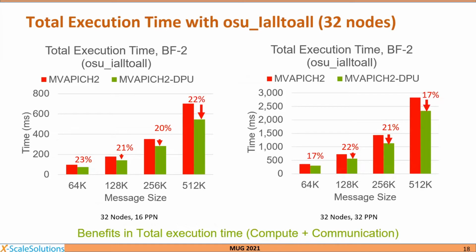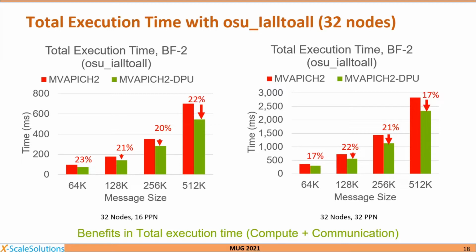So this is the overall execution time of the OSU INB micro-benchmark to evaluate the performance impact. We show two different configurations: one is 32 nodes with 16 PPN, the other is 32 nodes with 32 PPN. This is the overall execution time bar, which contains both compute as well as communication time.